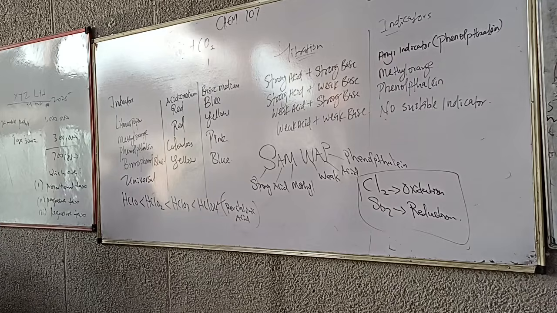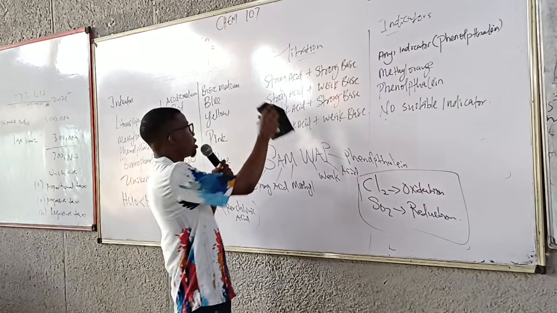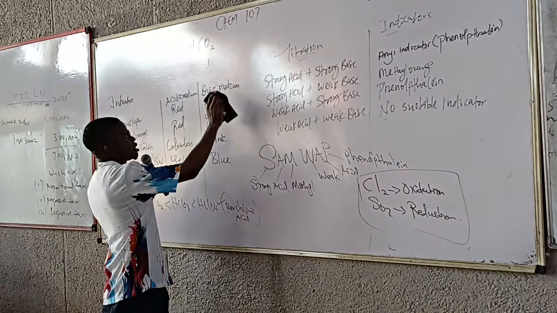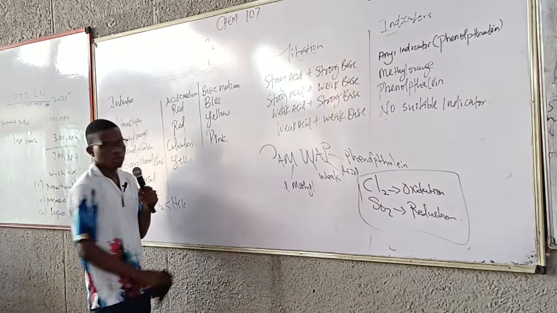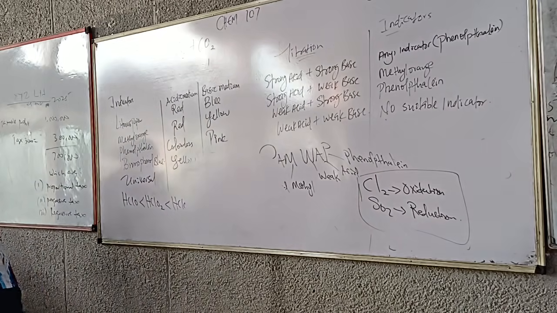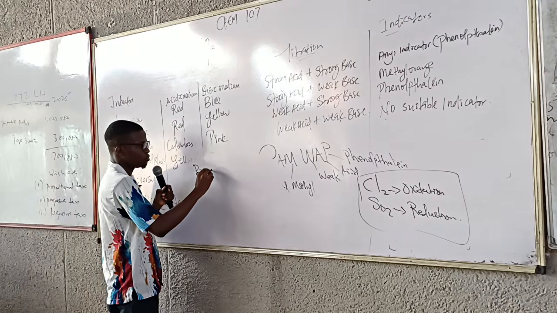Suitable primary standards. Now, what are primary standards? Primary standards have some features you should know. For a substance or compound to be called a primary standard, it must have some features.